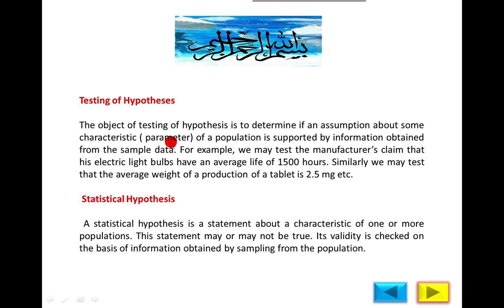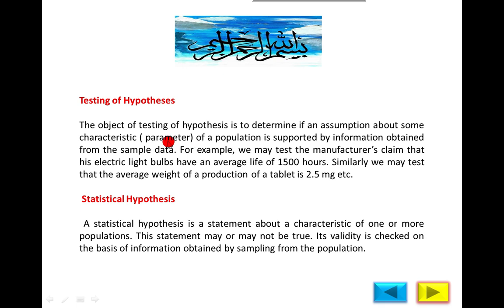And what is the parameter? What is the statistic? I have already explained in the previous class. Parameter may be mean, population standard deviation, population variance, proportion, etc. So the population value is called the parameter value.